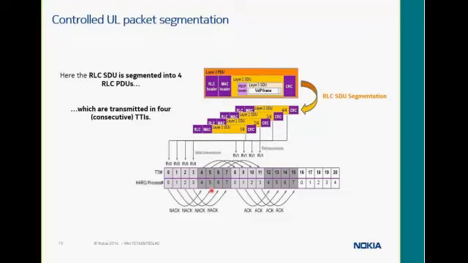So if I don't get an ACK, I will have to retransmit, and retransmit until I get an ACK, which in essence means I'm using more resources of the ACK-NAC functionality.